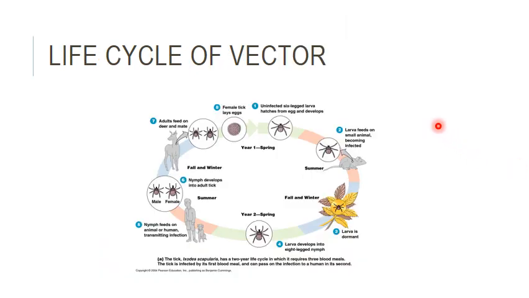The life cycle of the vector, just a quick one here for you. This is a 2-year life cycle for the tick. When I was first in this and we were first diagnosing this, we used to get ticks in the laboratory all the time. People would pull the tick off of their kid or themselves and send it to the laboratory, and we would have to diagnose the tick, like speciate the tick, and also give a phase.